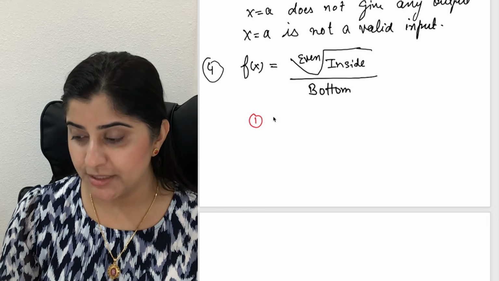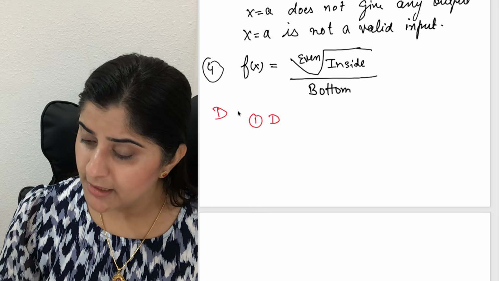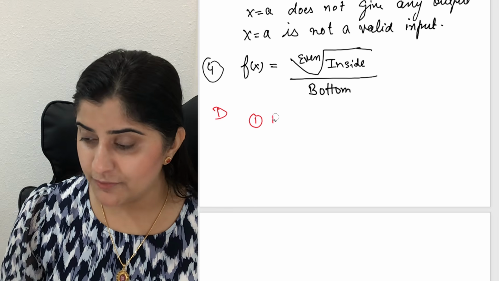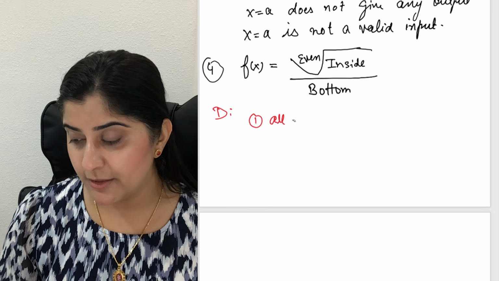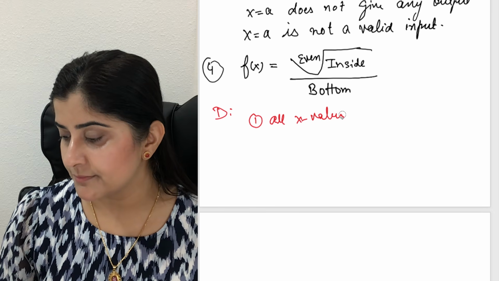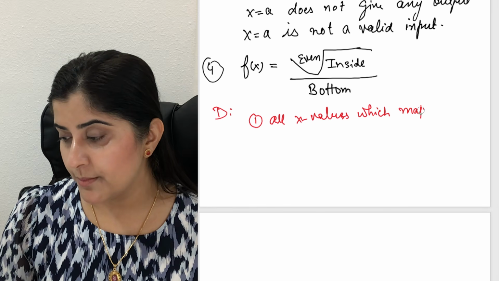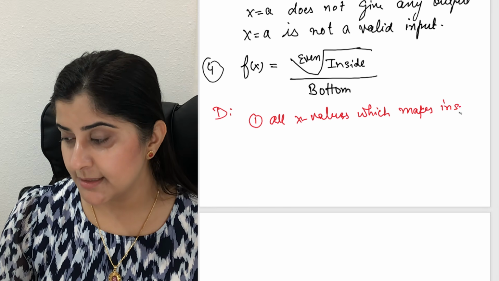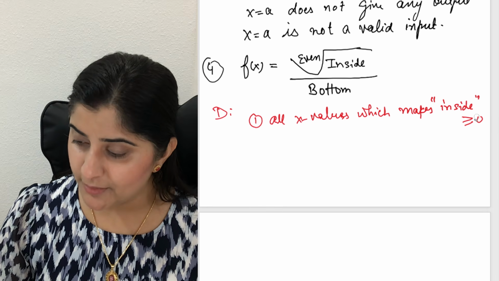We have two conditions. First, the domain is all x values which make the inside of the even root greater than or equal to 0.